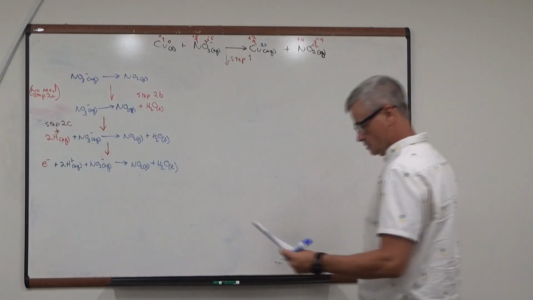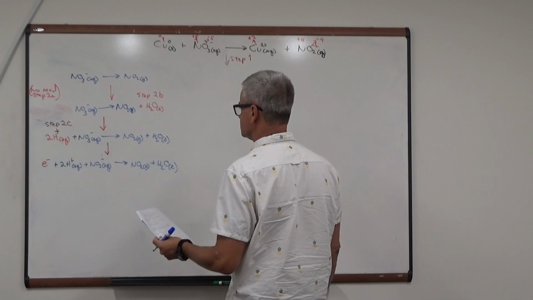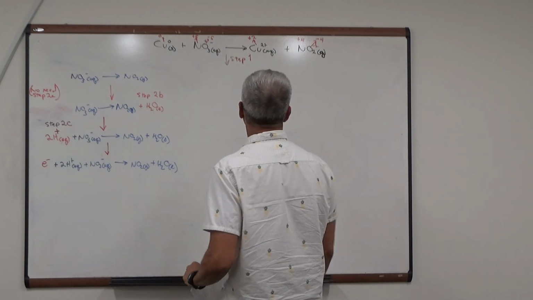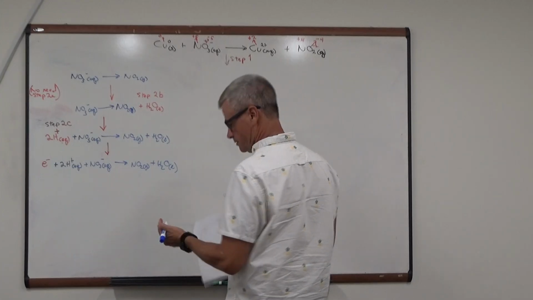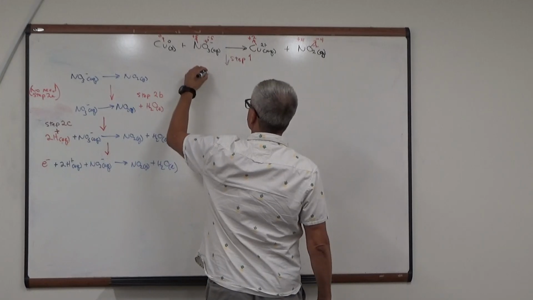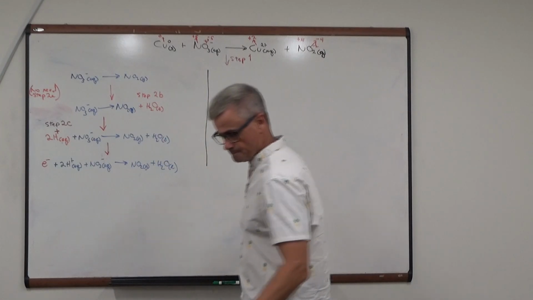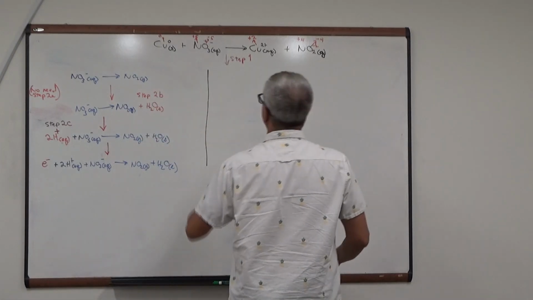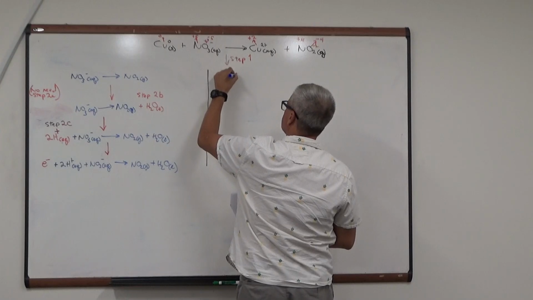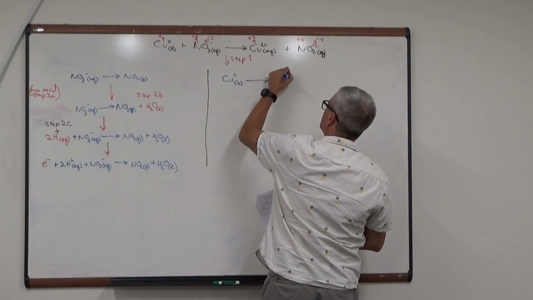Okay, let's match my notes. Indeed it does. Perfect. Now we can deal with the other half reaction. I'm going to partition this guy here. Our other half reaction is copper solid turning into copper 2+.